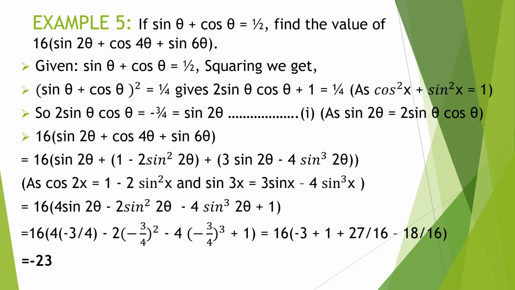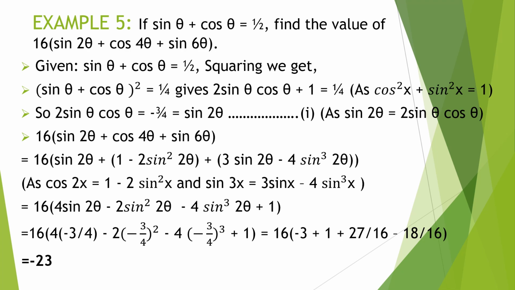But sin square plus cos square is 1. So 1 plus 2 sin theta cos theta is equal to 1 by 4. So 2 sin theta cos theta is equal to 1 by 4 minus 1, or minus 3 by 4. But what is 2 sin theta cos theta? Sin 2 theta. So we get sin 2 theta is equal to minus 3 by 4. Let this be equation 1.